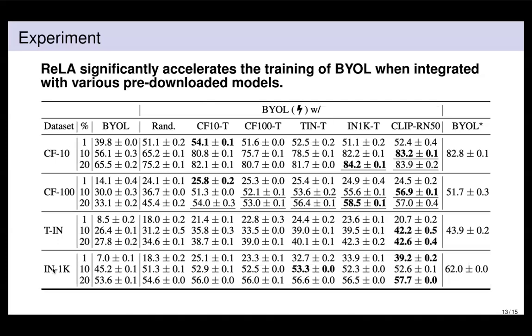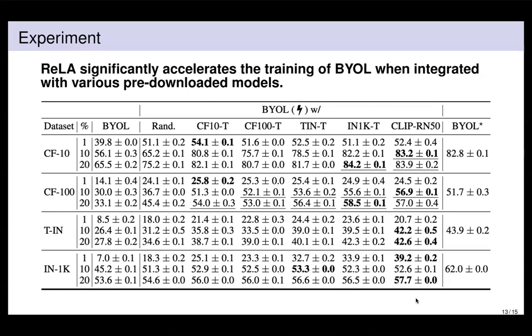For example, with the ImageNet 1000 dataset, even when we use the most powerful prior model CLIP to generate the efficient data and use 20% of the dataset for training, we can only achieve 7.7 top-one accuracy, but the full data training accuracy is about 62.